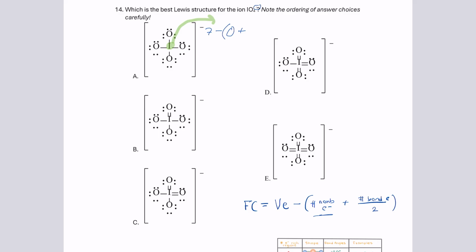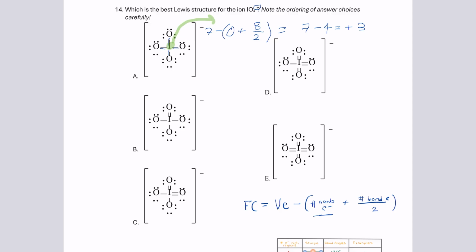There are 4 single bonds. Each bond has 2 electrons for a total of 8 bonding electrons. That means what we have here is 7 minus 4, and that's equal to positive 3. So the charge on this central iodine is positive 3.